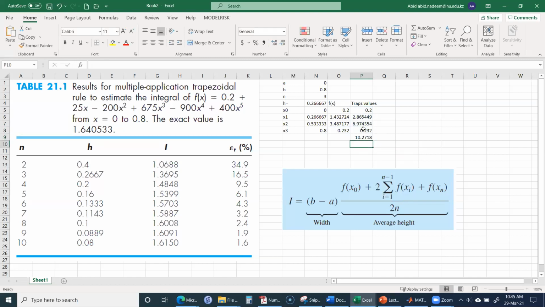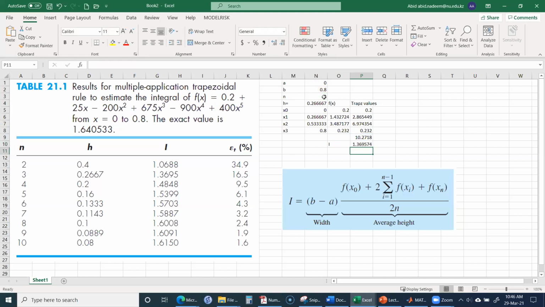Now I can add them together, and it will be 10.278. The final answer will be this value multiplied by b minus a over 2n. So the value of the integral will be equal to this value multiplied by b minus a, where b is this and a is this, divided by 2 times n, where n is this.